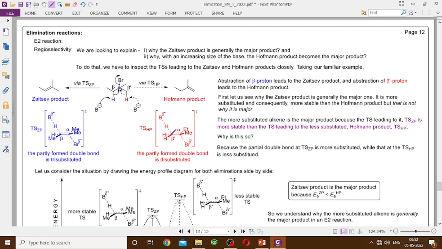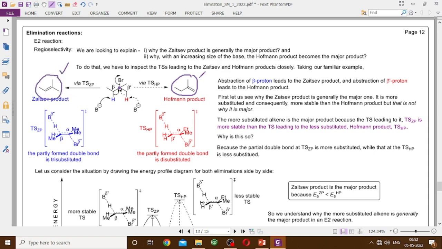That's what we have here. So between this alpha and beta, the partly formed double bond is only di-substituted, but between this alpha and beta carbon, the partly formed double bond is tri-substituted. As we know that di-substituted double bond is less stable compared to tri-substituted double bond. These two are isomeric alkenes, this one and that one.